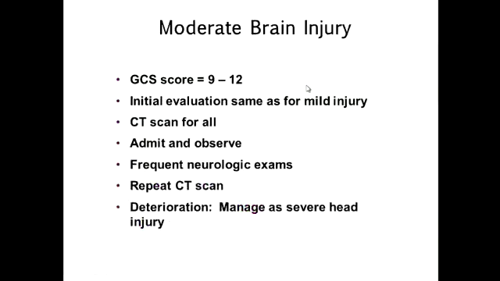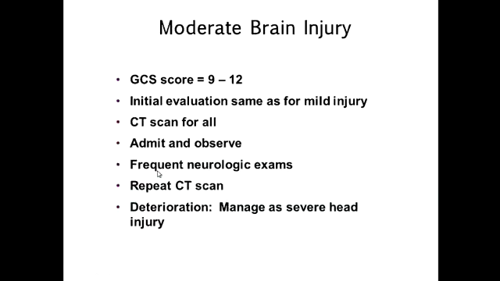Patients who sustain moderate brain injury demonstrate a Glasgow Coma score of between 9 and 12. All of these patients, in addition to those evaluations that occur for mildly injured patients, obtain routine CT scans. These patients are generally admitted and observed, even if for only a short interval.